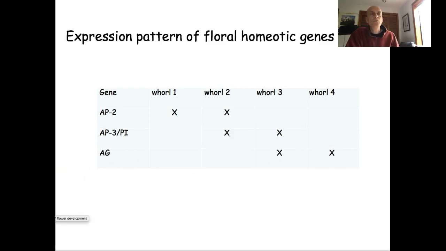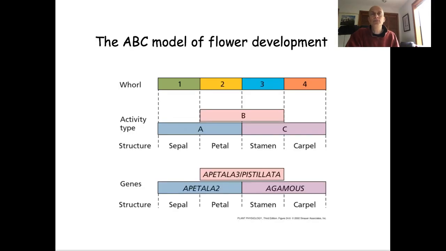Researchers who were studying these floral mutants, who saw where these genes were expressed, who looked at the phenotypes and wondered what the genes might do, what their function might be in patterning the organs in the flowers, came up with a model that they called the ABC model. The ABC model tells you something about the expression, but it also tells you something about exclusion of expression of certain genes.